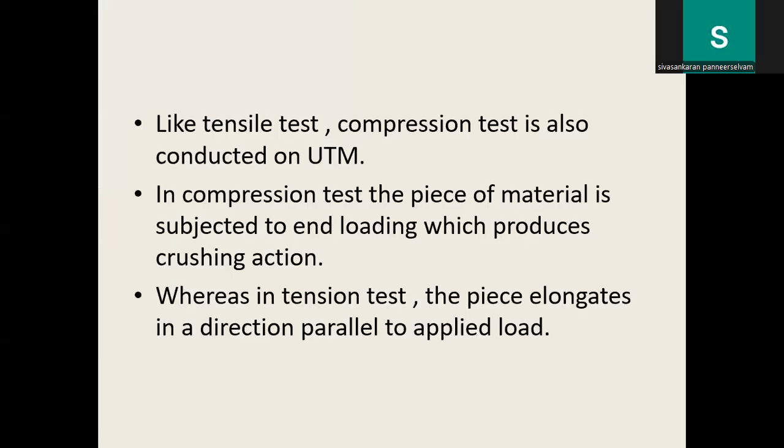Like the tensile test, the compression test is also conducted in an integrated manner on a UTM machine. In the compression test, the piece of material is subjected to end loading at both sides. As a result, that leads to a crushing action.